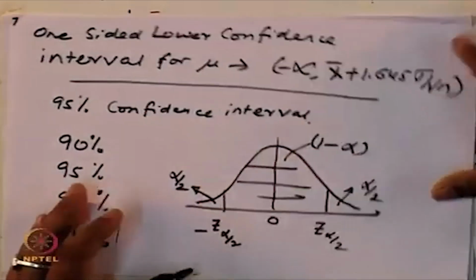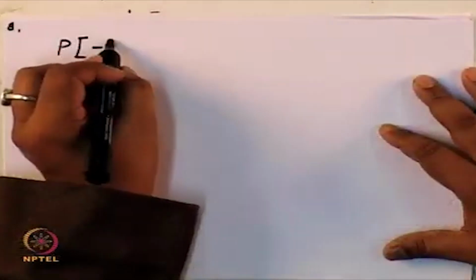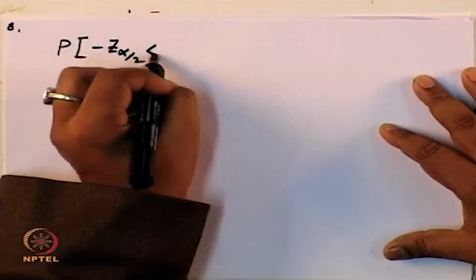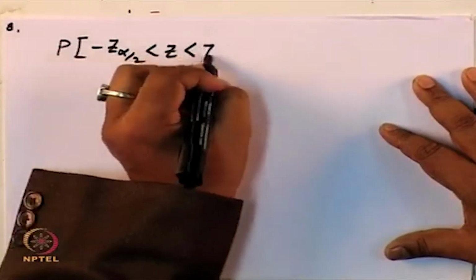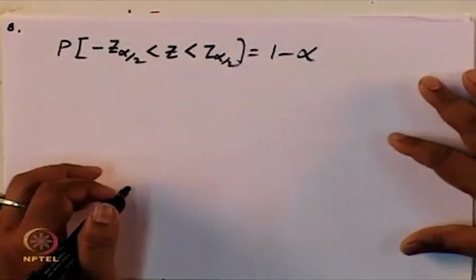Okay. So, we can find out the probability of minus z alpha by 2 less than z less than z alpha by 2 equal to 1 minus alpha. Okay.